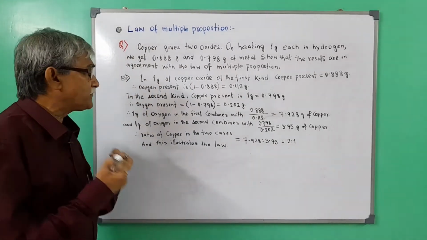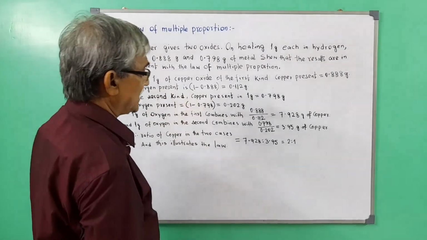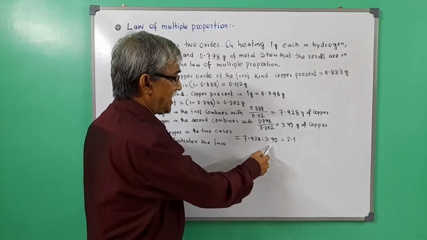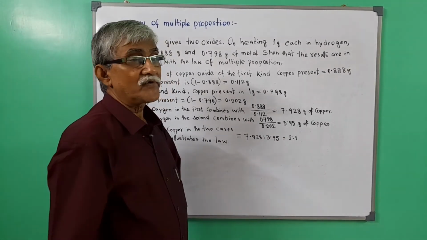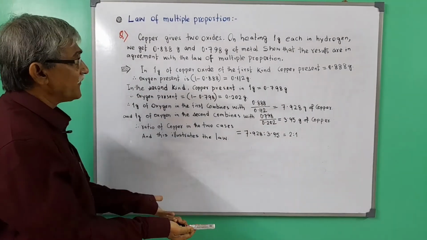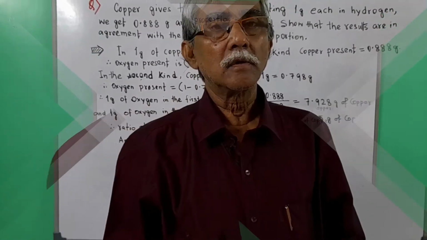Therefore, the ratio of copper present in the two cases equals 7.928 is to 3.95, and that amounts to 2:1, which is a simple ratio. And this illustrates the law of multiple proportion.